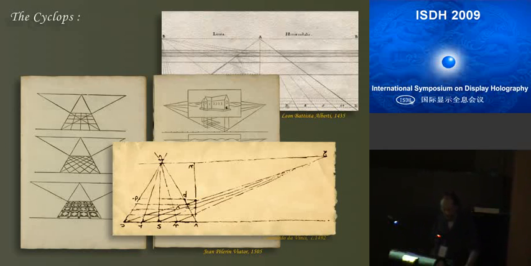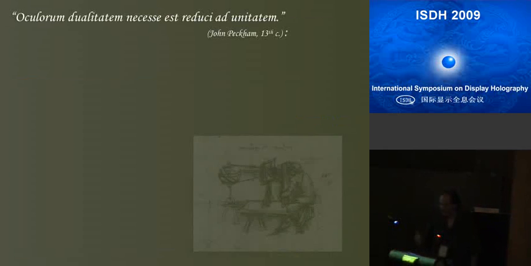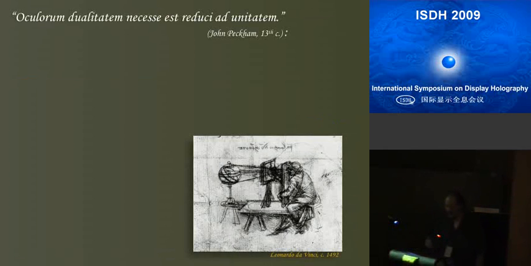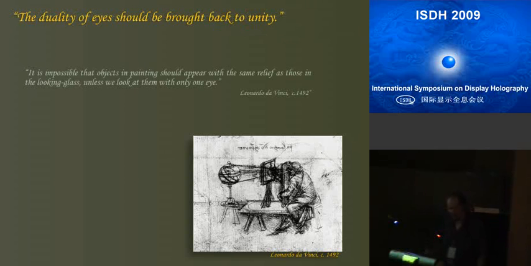So it's very influential. But all this shows a single point. And this is something that is influenced by John Pecham, who wrote a treatise on optics in the 13th century. And Pecham wrote this little sentence that I want to translate for you. The duality of eyes should be brought back to unity.